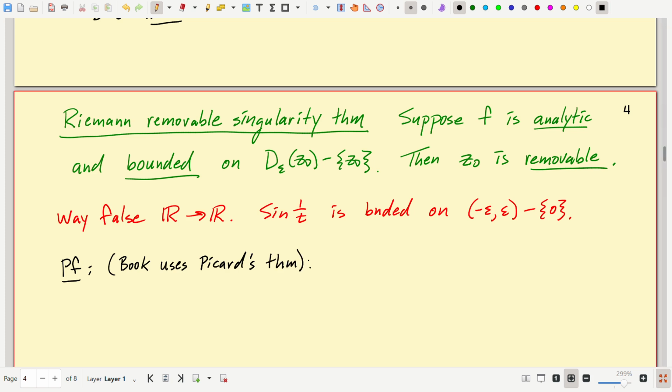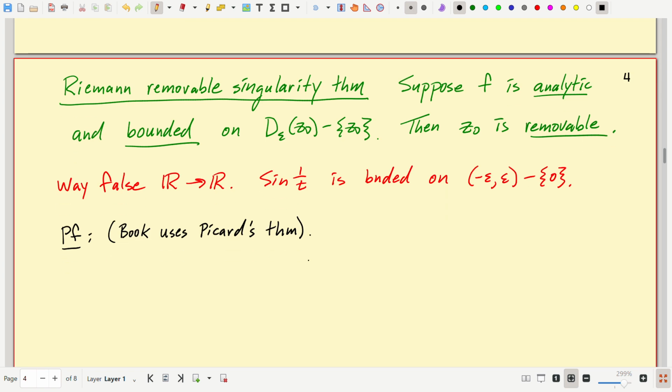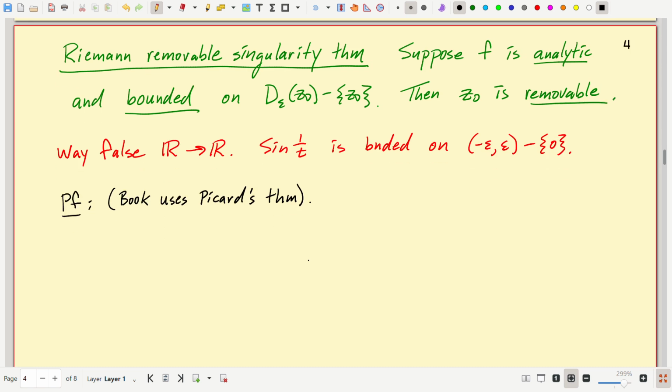Okay, so it's just like that problem I just did with cosine 1 over z. If it's bounded, you rule out a pole. Bounded, so not a pole, because poles blow up.